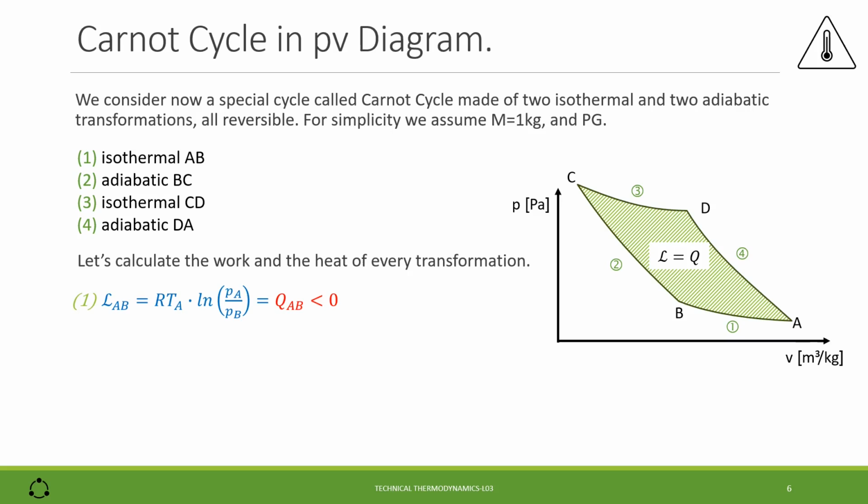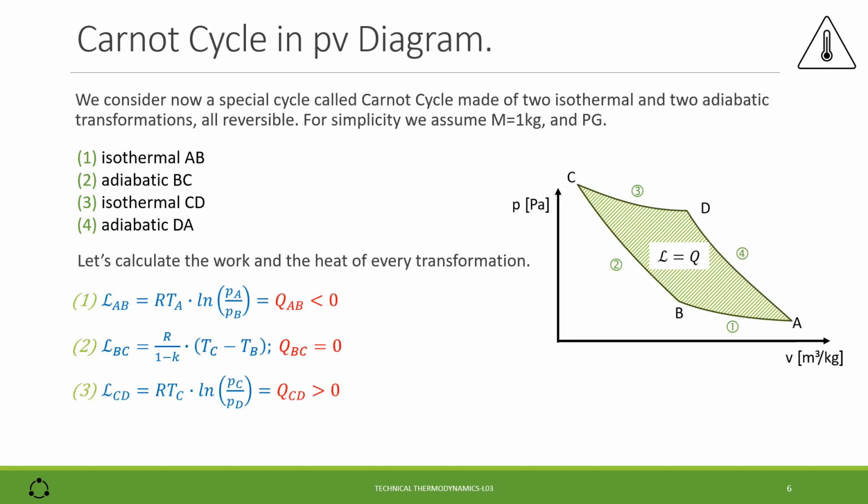The work of the isothermal is given by one of the formulas we have seen in the previous lesson, and it is equal to the heat. And because PA is less than PB, we can see this also in the chart, then the heat is negative. For the transformation 2, the work is given by another formula already seen, used for the adiabatic, and the Q is 0.